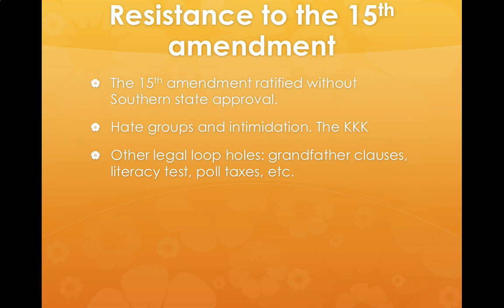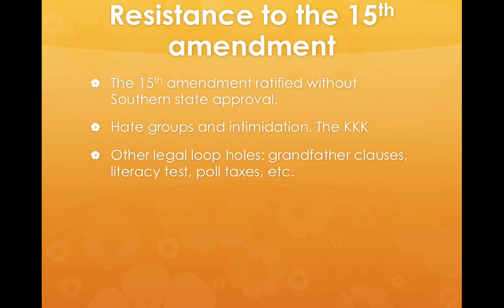One of the first responses is that hate groups such as the KKK use intimidation, lynching, and violence in order to scare away African Americans from voting. And to a great deal, this is successful because the law doesn't stop the Klan from doing this very much. The police officers are white. Some of the police officers would be Klansmen. So this intimidation existed for quite a long time and really scared away many African American voters from registering or voting.